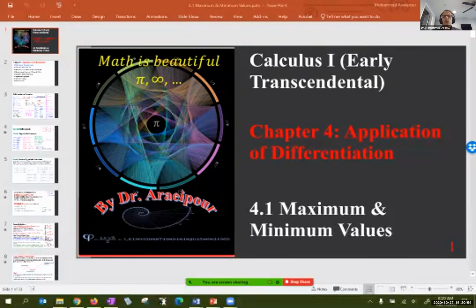Good morning, class. We are looking at Chapter 4, Applications of Differentiation, and we start with 4.1, Maximum and Minimum Values.